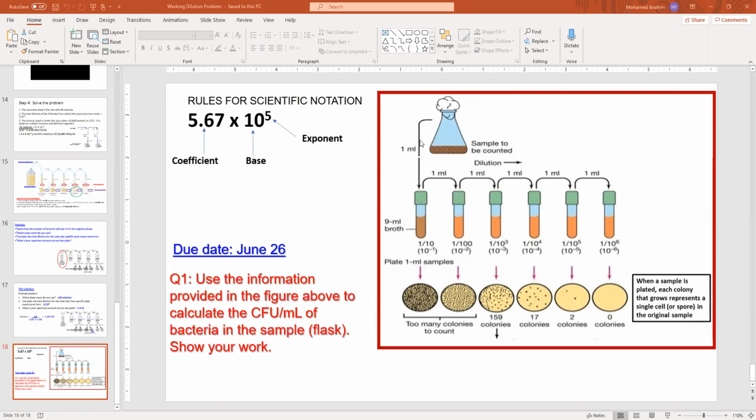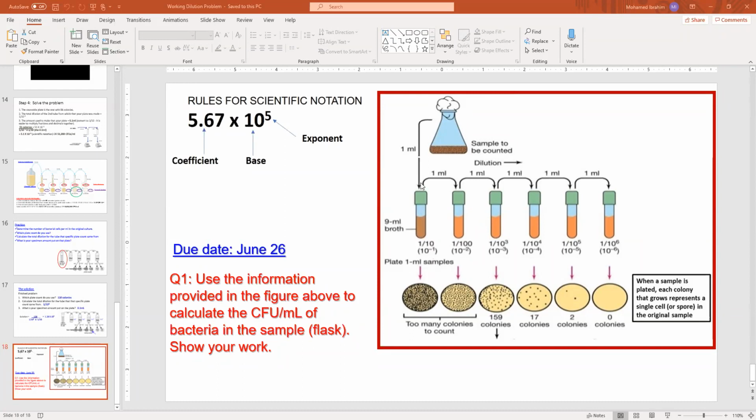You are going to transfer to each tube, which has 9 ml broth in each one. You are transferring 1 ml from your culture to your first tube. So now your first dilution will be 1/10, or 10 to the minus 1, because you have 1 ml transferred divided by the total volume, and the total volume here is 10 because you have 9 plus 1. So that will be 1/10 or 10 to the negative 1.